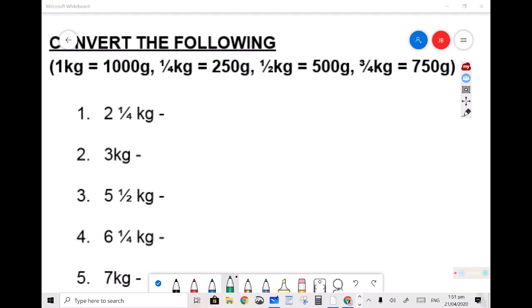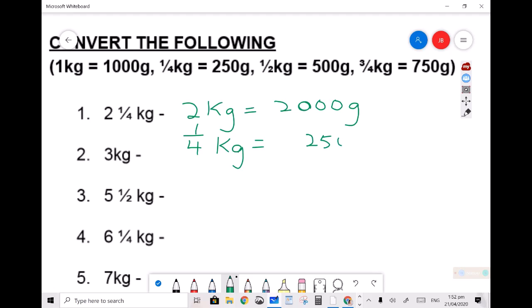So if we actually try to convert number one, 2 kilograms is equal to 2,000 grams. A quarter kilogram is equal to 250 grams. When added together, we will get 2,250 grams.